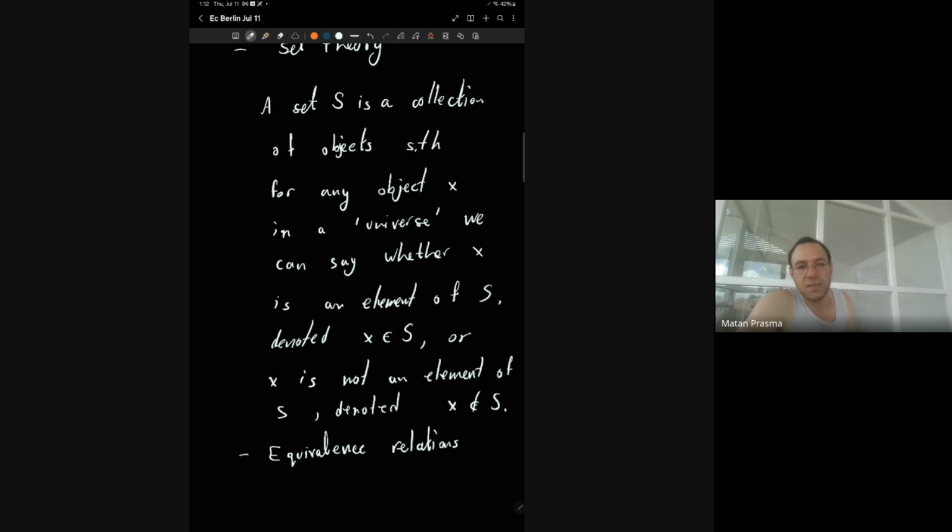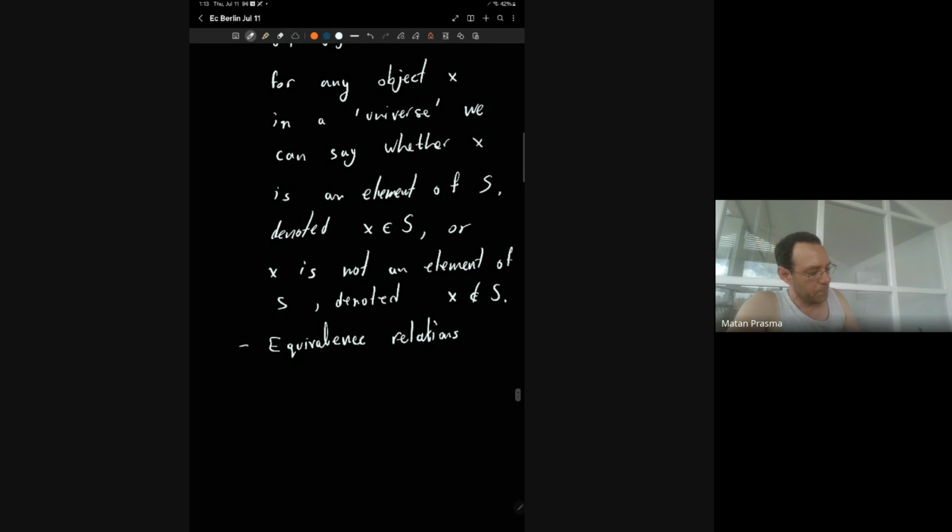Equivalence relations are a procedure that allows you to kind of glue certain elements in a set and get a modified quotient set with respect to a certain relation. So I will not give the definition here, but maybe intuitively you can understand it by an example.